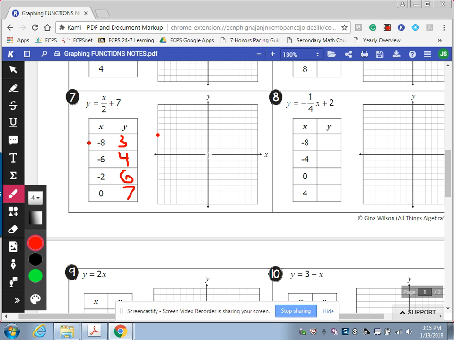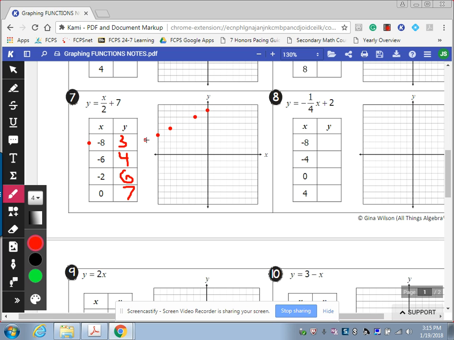Okay, (-6, 4). 1, 3, 4. Okay, then we have (-2, 6). And last but certainly not least, we have (0, 7). So (0, 7) is going to be right here.